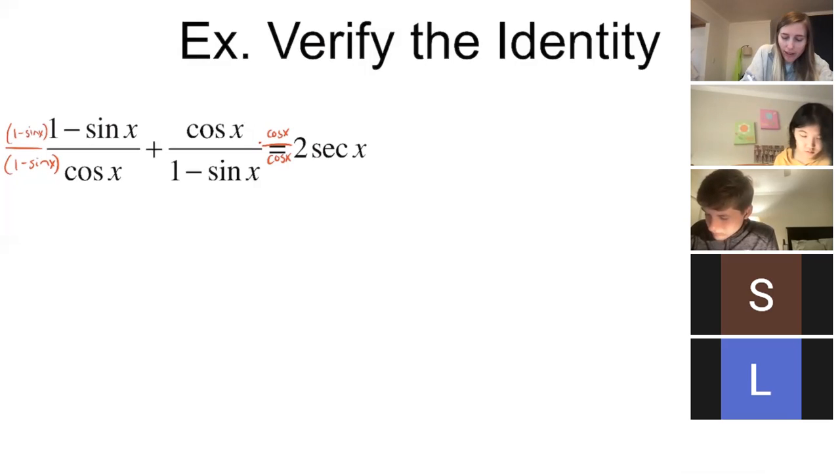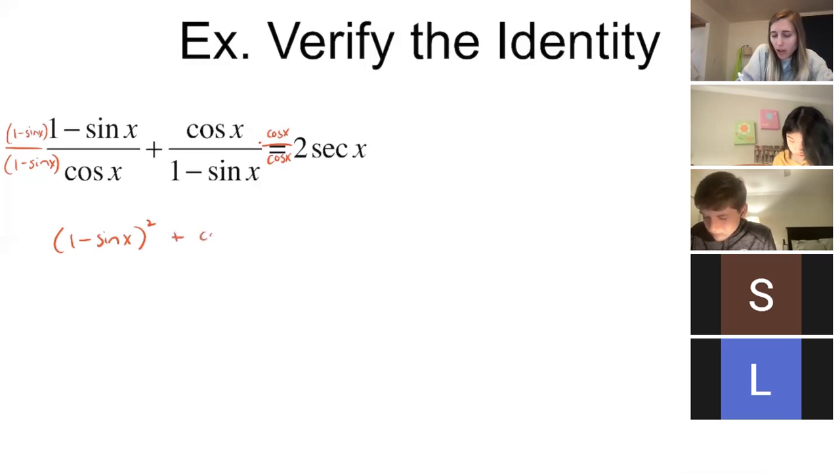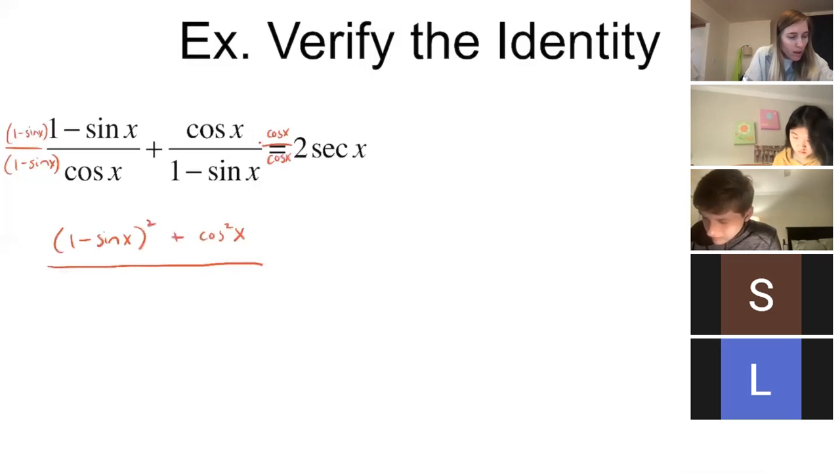So that would give us the quantity 1 minus sine all squared, plus cosine squared in the numerator, over 1 minus sine times cosine.